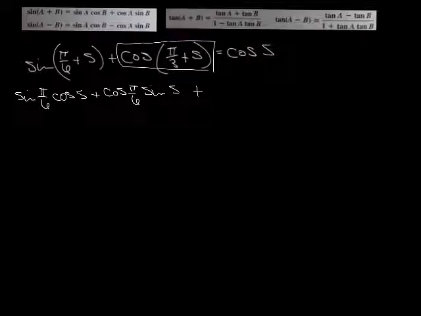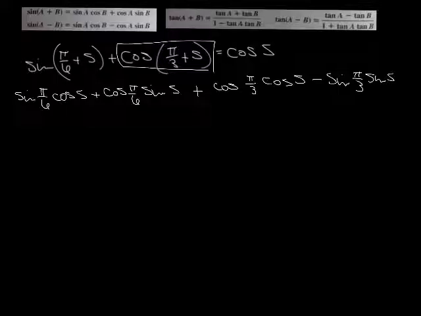And that table says cosine of pi over 3 cosine of s minus sine pi over 3 sine of s. Okay, so this whole thing matches up with the table for that.